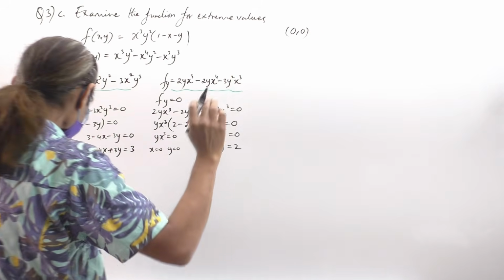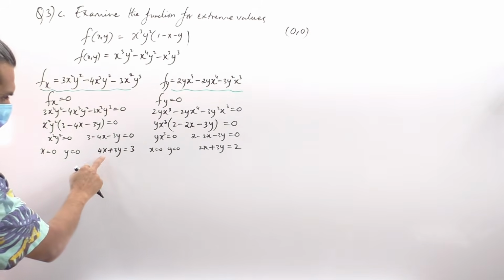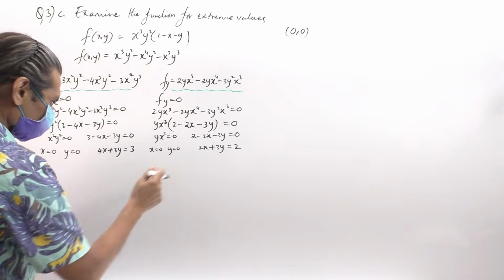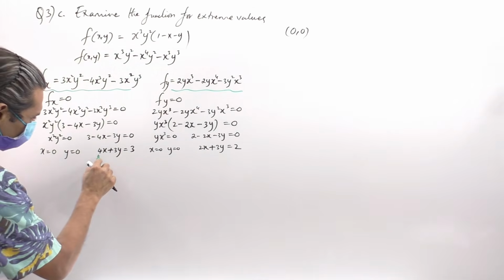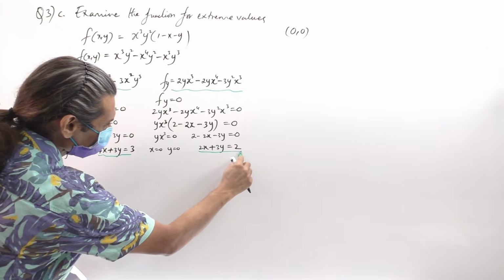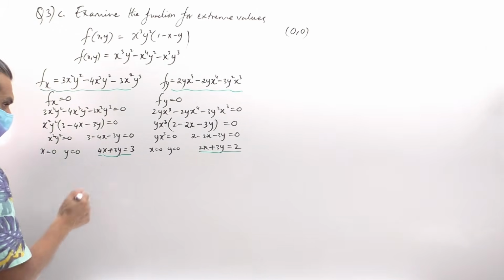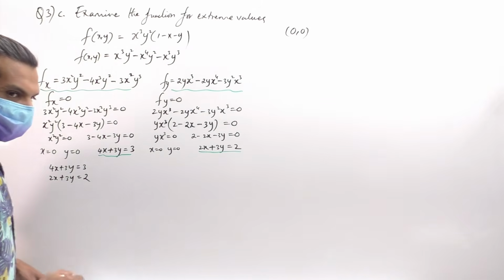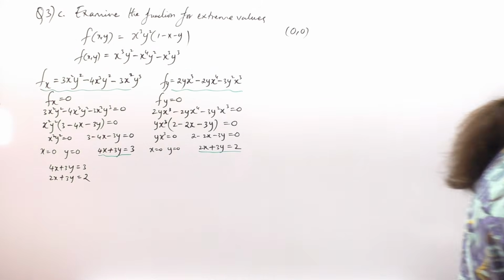Next, let's solve these first two equations simultaneously to get the values. So this will be 4x plus 3y is equal to 3 and 2x plus 3y is equal to 2. Let's solve this using the calculator.